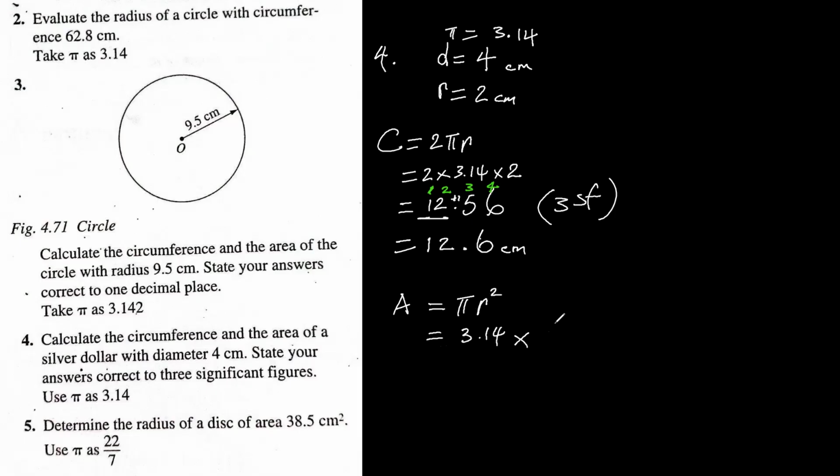And the radius, how much is the radius, Kishon? Question 4, how much is the radius? Two. Where did you get the 2 from? Did they give us the radius in question 4? Watch it carefully.